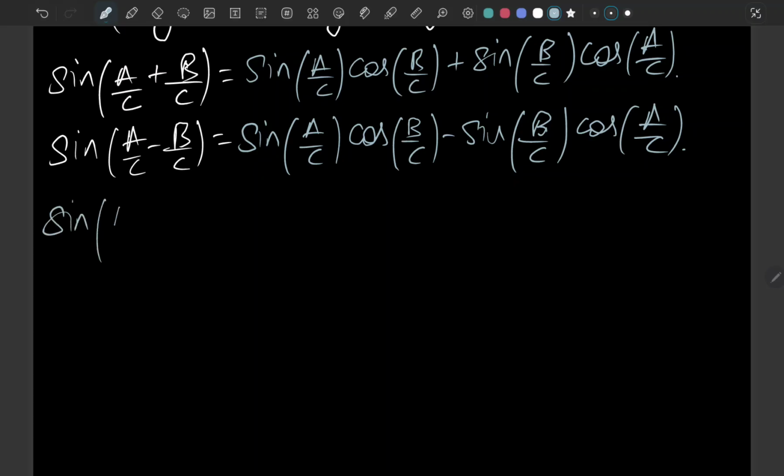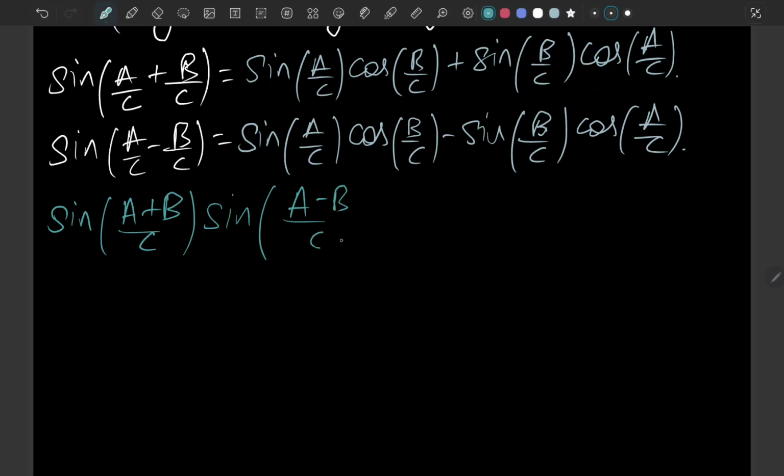So it's sine of (a plus b over c) times sine of (a minus b over c).